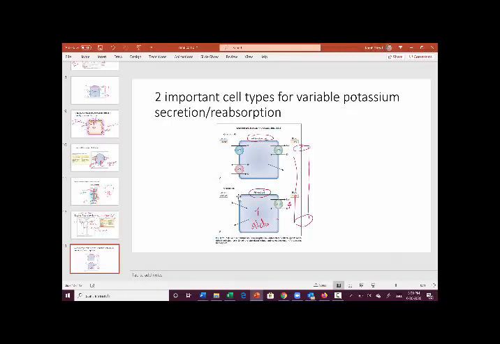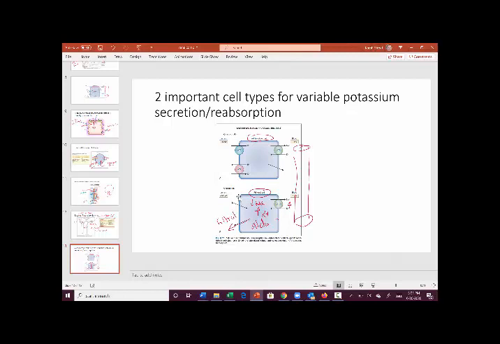This increases the potassium level inside the cell, decreases the sodium level inside the cell, and on the apical side, we have these leak channels. So if I have a higher concentration gradient of potassium, then it's going to want to diffuse out into the filtrate.